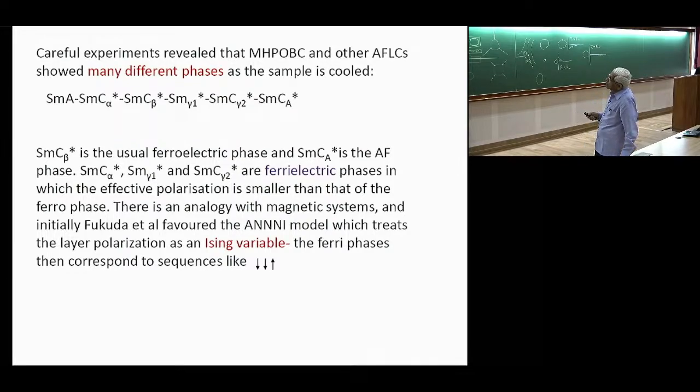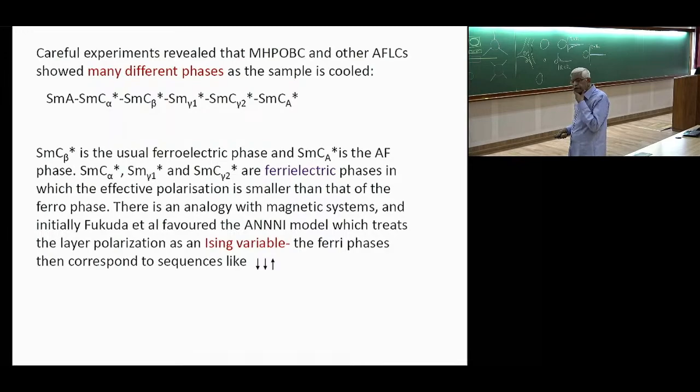But then you have this alpha, gamma 1, and gamma 2. These are 3 ferroelectric phases in which the polarization is lower than that of the ferroelectric phase. So they then developed what is called an axial next nearest neighbor Ising model, which is in analogy with what happens in the magnetic materials, to describe these intermediate phases.